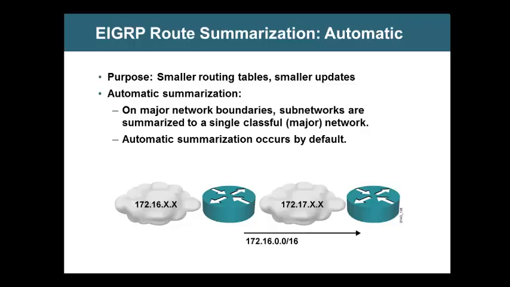But in older versions, the popular version, the version which many companies are running EIGRP, it will do summarization by default. But in later IOS versions of EIGRP, they don't do this. No auto summarization in the newer version.